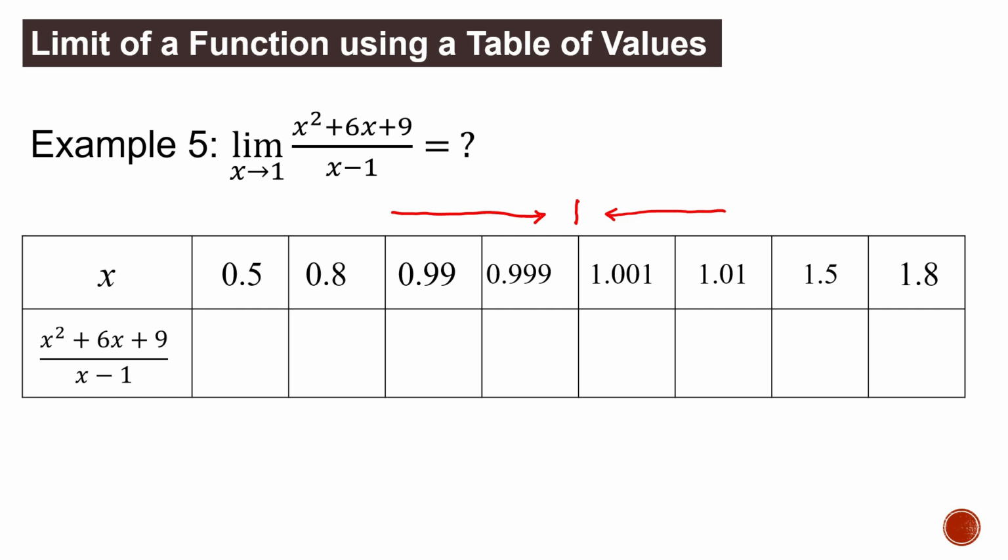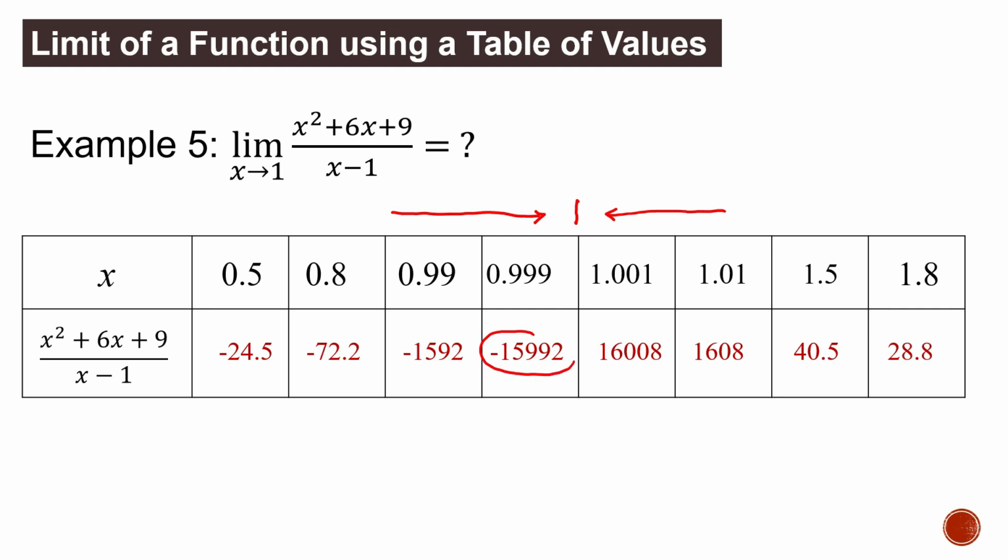So if we plug in 0.5, 0.8 to 0.999 on the left side, let's see the numbers. That's negative 15,999. And then on the right side, that's going to be 16,008, or from 28.8 to 16,008. Look at the numbers. This is so big right here, and this one is so big, right? And it's approaching what number?